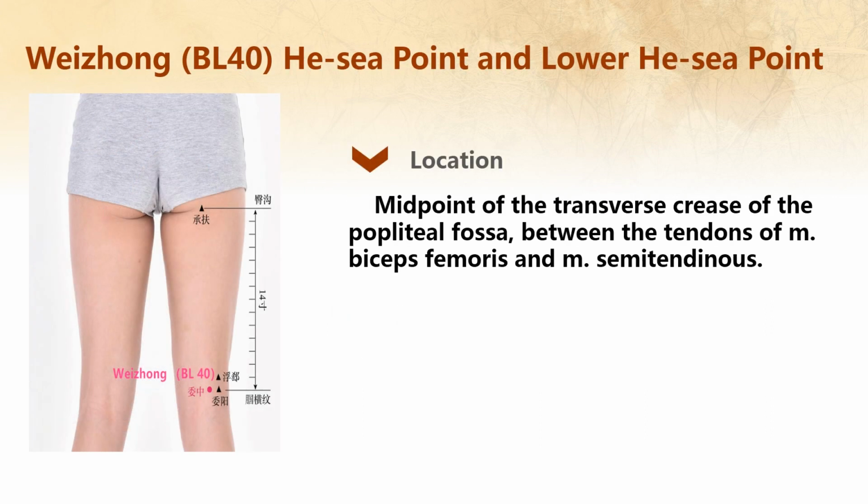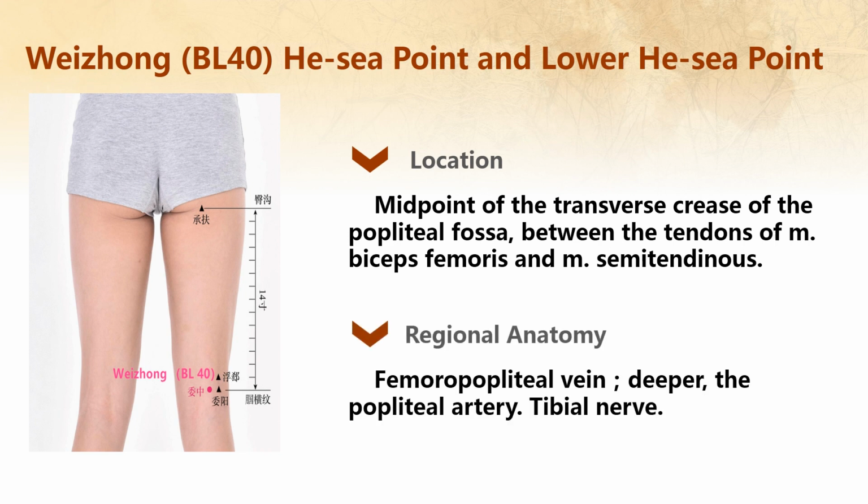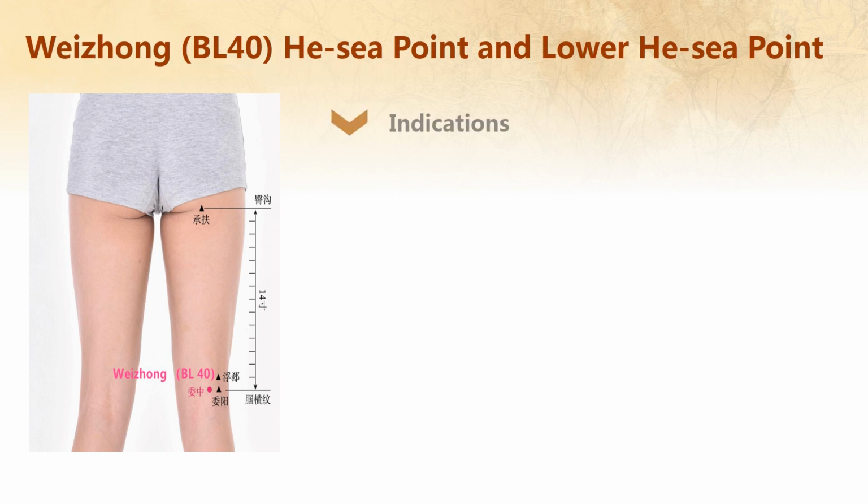The fifth point is Weizhong. The acupoint is located at the middle point of the transverse crease of the popliteal fossa, between the tendons of biceps femoris and semitendinosus. The location of this acupoint contains the femoral popliteal vein, deeper, the popliteal artery, and the tibial nerve.